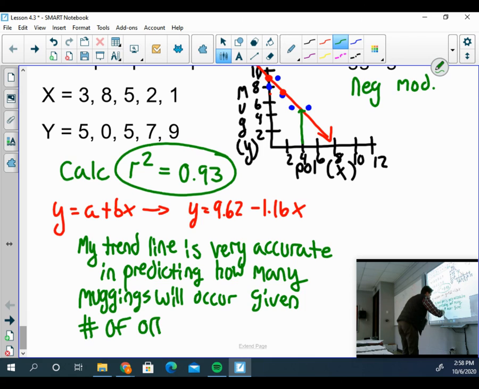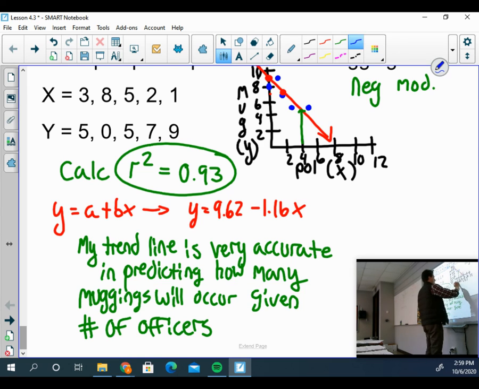Again, this is just a fancy way of saying my trend line is going to do a pretty accurate job if I pick an X value in that range like we did in 4.2 and plug it into my trend line equation. If I pick an X value and plug it in right there, my trend line is going to be really accurate. Okay, it's not going to be all over the place. It's going to be consistent with the data.